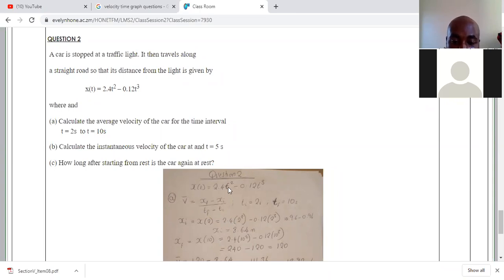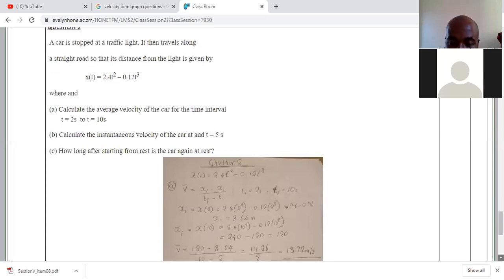Equals 2.4, then where there was t, we'll put 2 squared, minus 0.12, you substitute 2 to the power 3, close bracket. So this gave us 9.6 minus 0.96, which is 8.64.